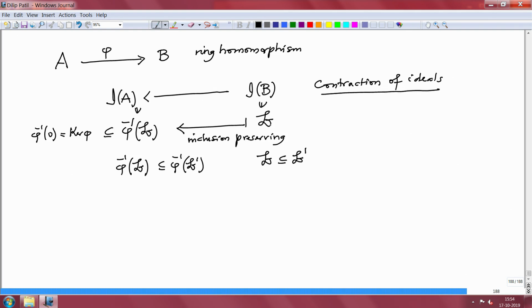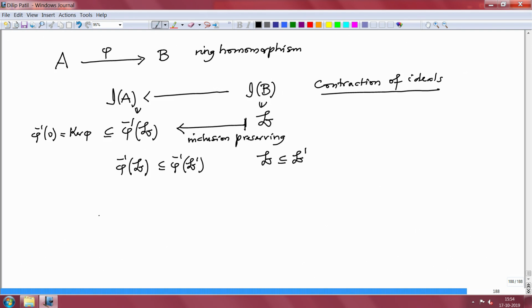And then one can note down what happens to the sum ideal, intersection ideal, and so on, but I am not going to do that here. Some of this I will write into the problem set so that one can get some practice.